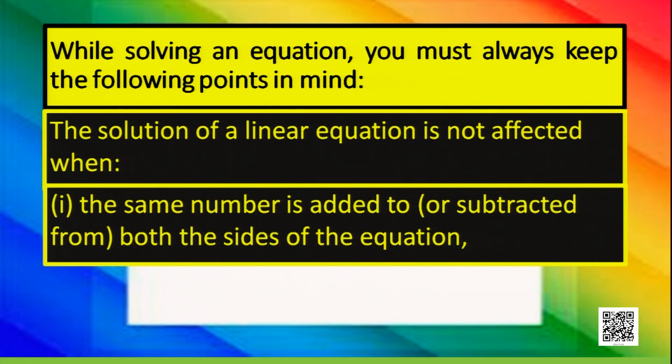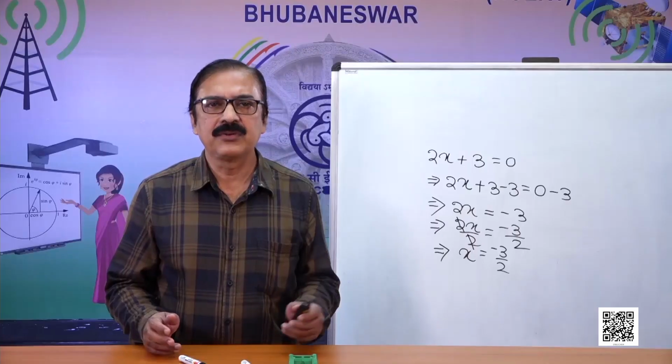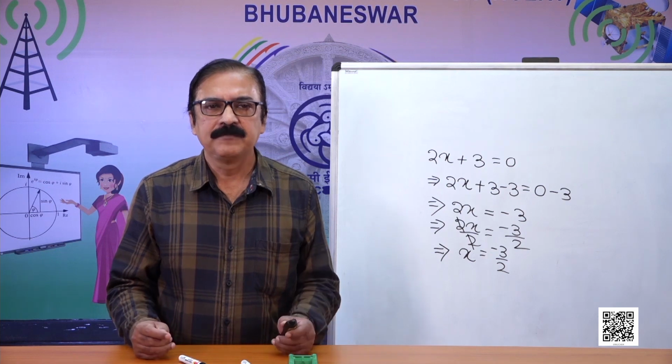If we add the same number on both sides, the solution remains the same. If we subtract some number, it will remain the same, as we noticed in this solution as we performed here.